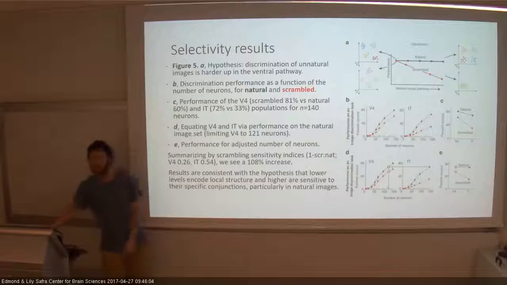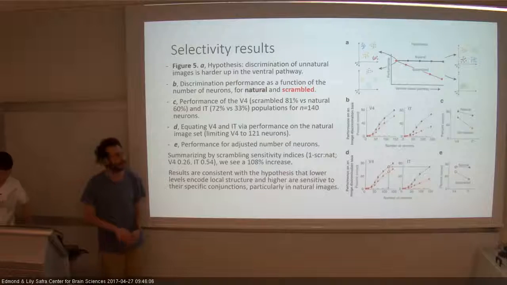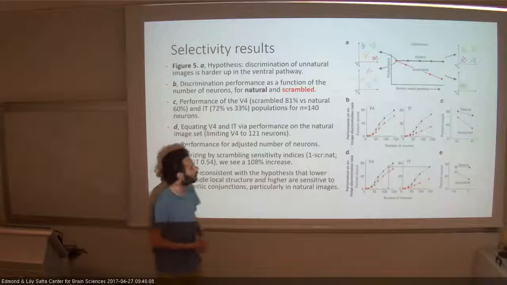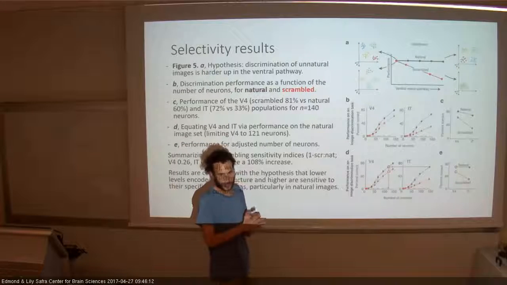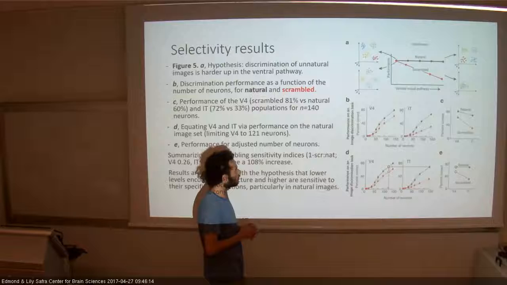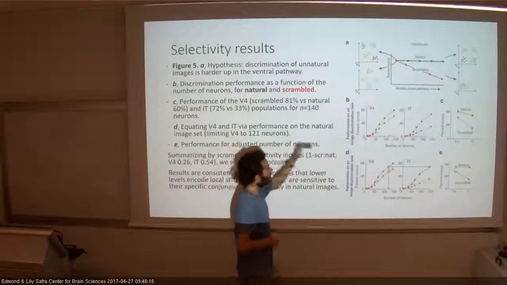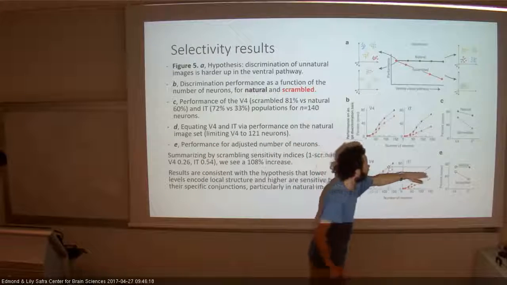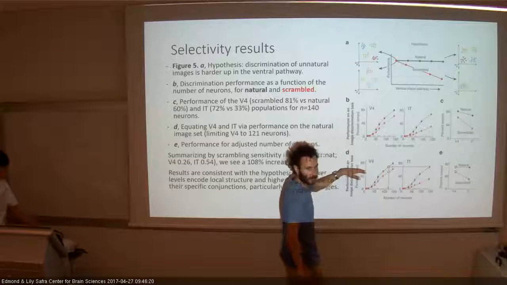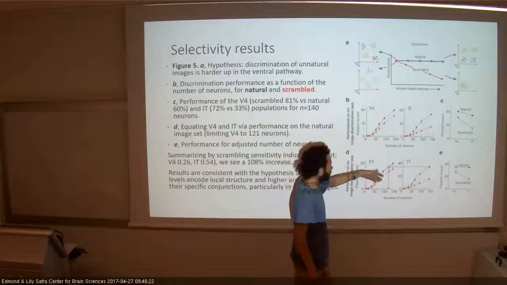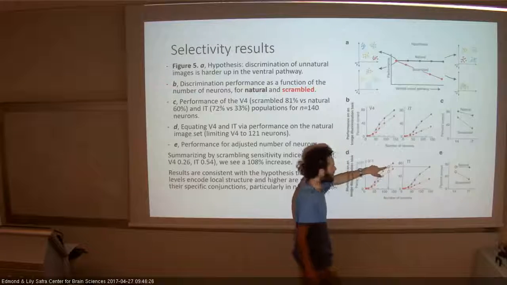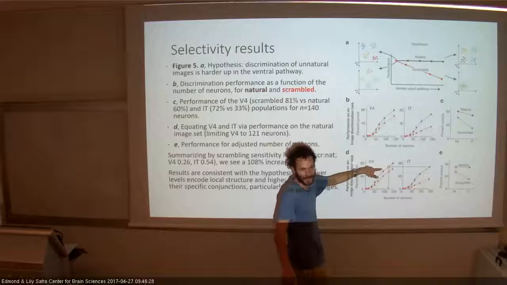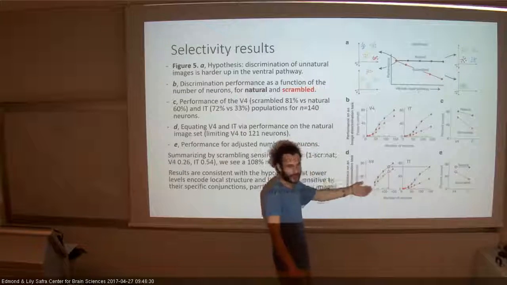One question. V4 is better than IT, right? In the black, and with the same size of population. Now what's the difference between B and C? So D tries to equate the performance for both of them. This is just the same picture, but trying to show how many neurons you need to have the same performance.